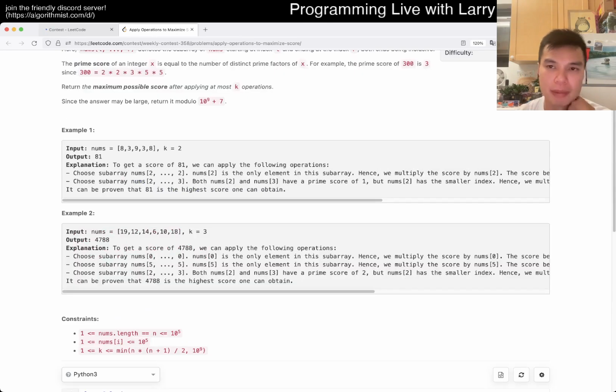That part is the same. That's a contribution. Alright, so if this is the leftmost, how many pairs can it be in? So the left extends, and then the right just extends, right?